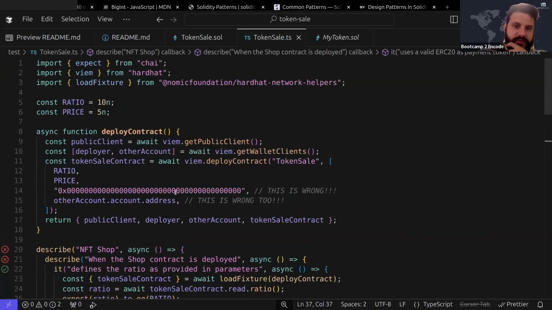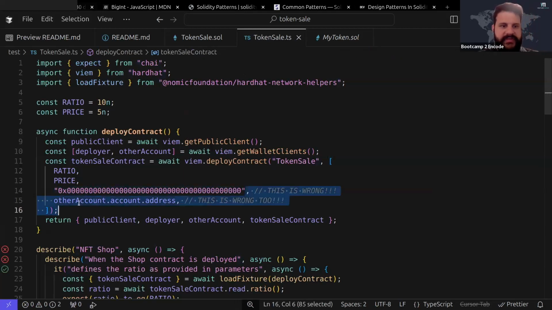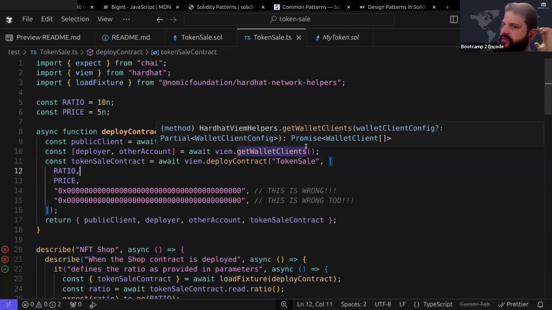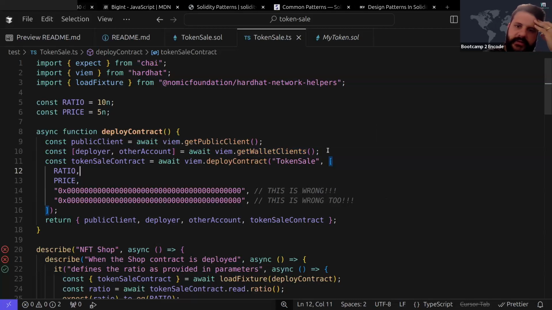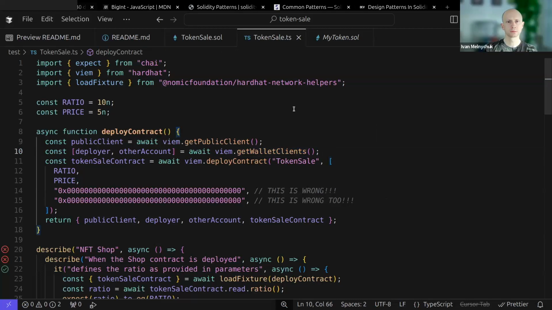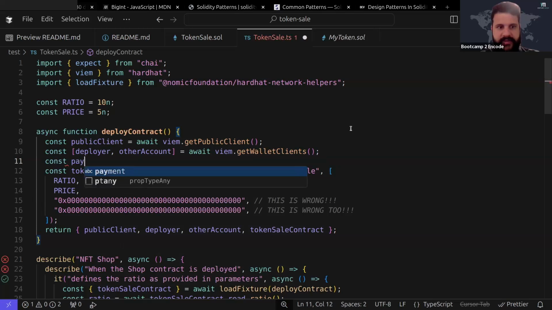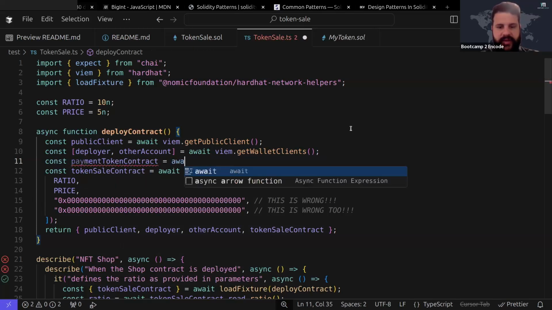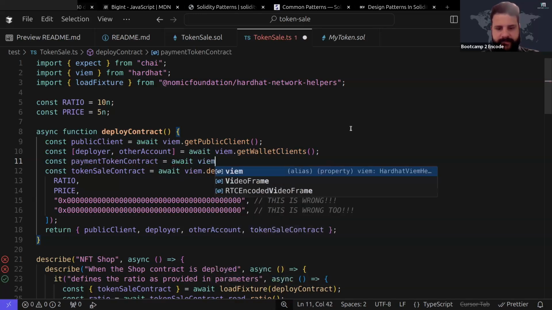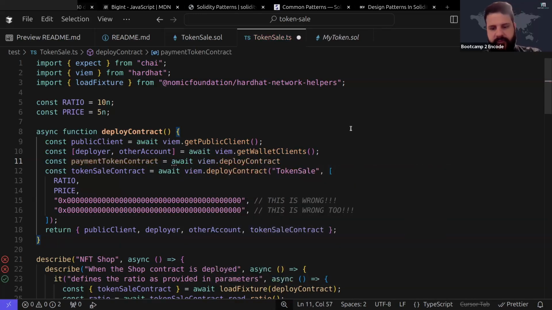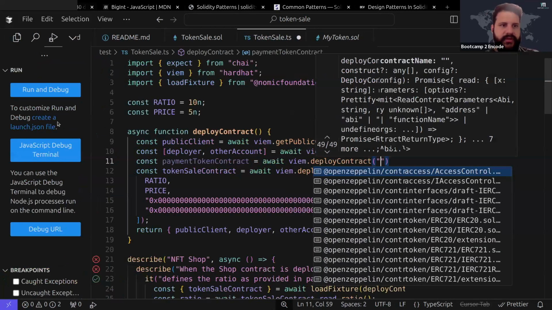So instead of using those wrong addresses here, whether it's the 0 address or another address, what could I do to have a correct contract being passed to the smart contract? You could also create it before. Yes, let's do it like this. Const paymentTokenContract equals await viem.deployContract. And what's the name of the contract for the token again?